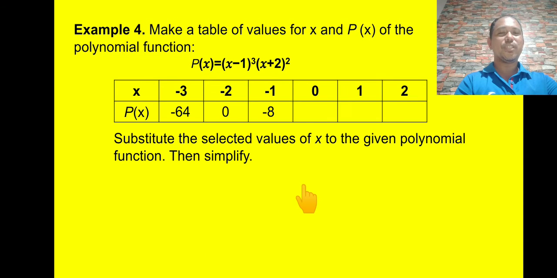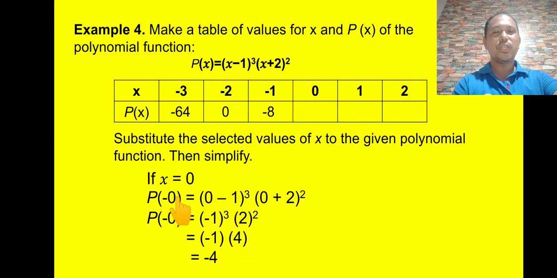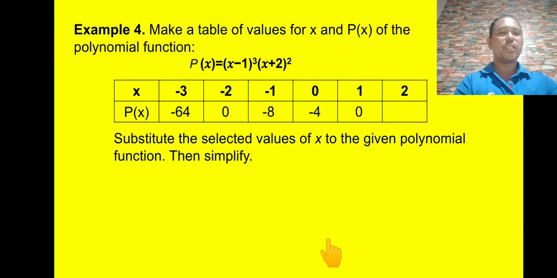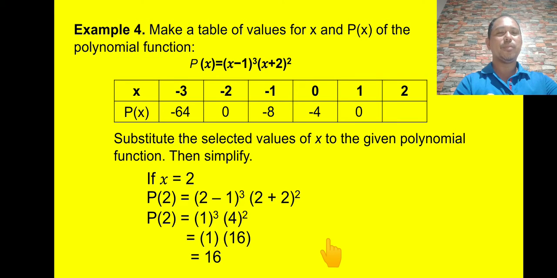Then next, if x is 0, you're going to substitute. By the way, this is not negative 0. There is no negative sign or positive sign in 0. I made a mistake. I forgot to erase this. So the answer is negative 4. Okay, so if x is 1, then substitute again, then simplify, and we got 0. Now if x is 2, simplify, then we got 16.